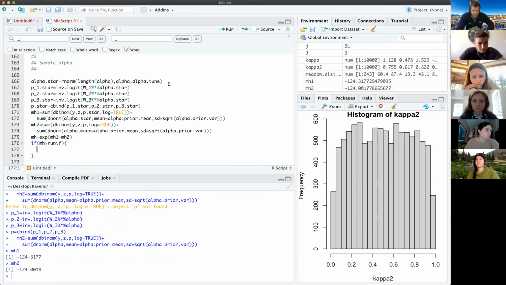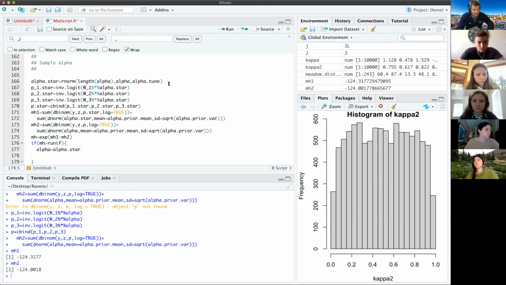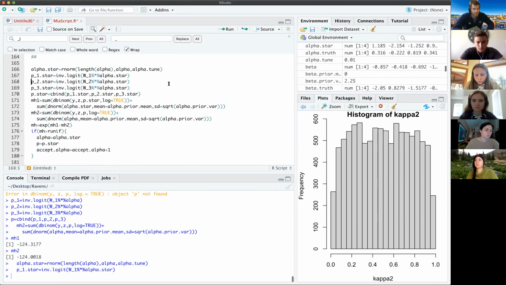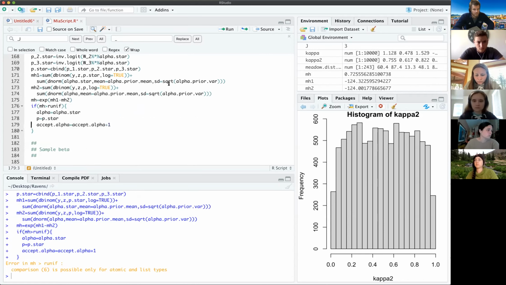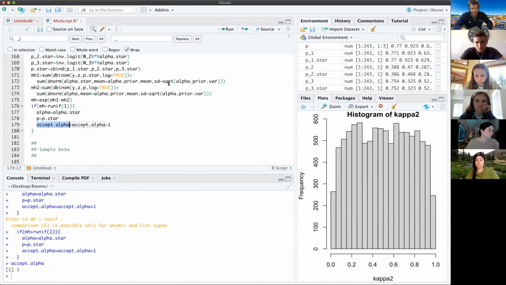If not, we retain our previous values. And we did accept ours on that.